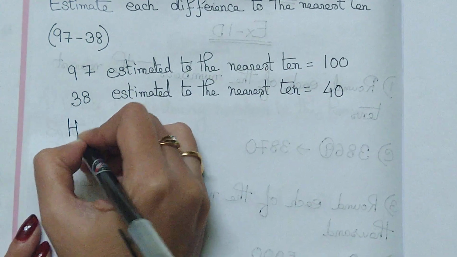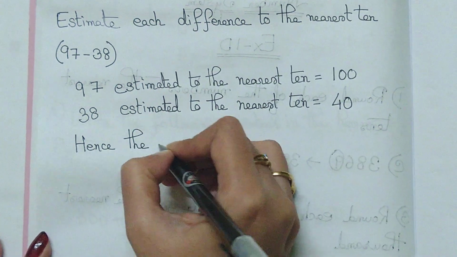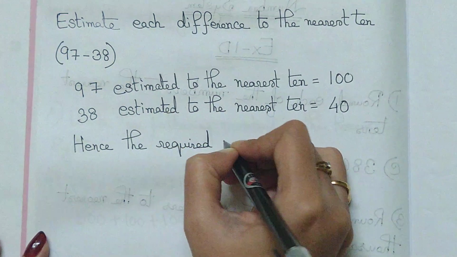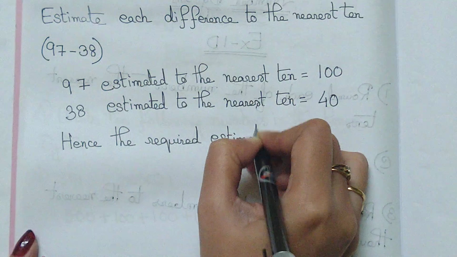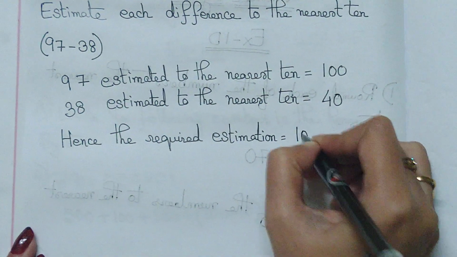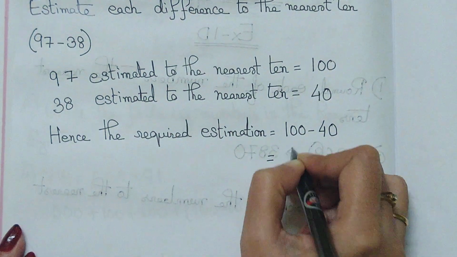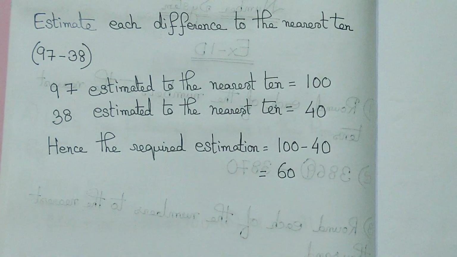So hence the required estimation is equal to 100 minus 40 is equal to 60. So 60 is your answer.